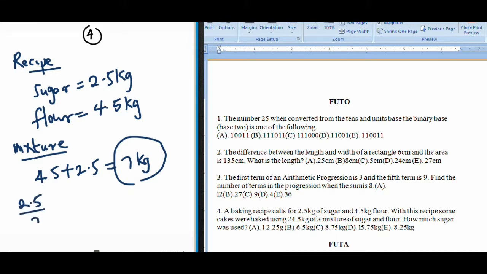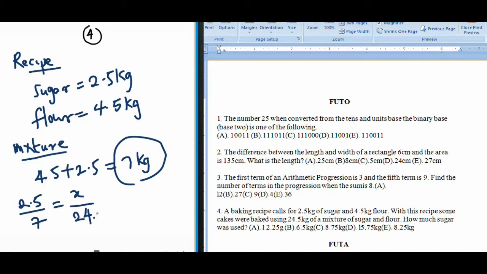Now, the ratio of the sugar present here is 2.5 all over 7. Now, if the baker has a mixture of 24.5 kilograms, in order for us to know the amount of sugar present there, let's say that is X, all over the total mixture, which is 24.5.